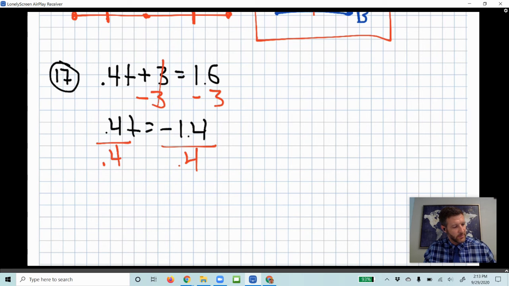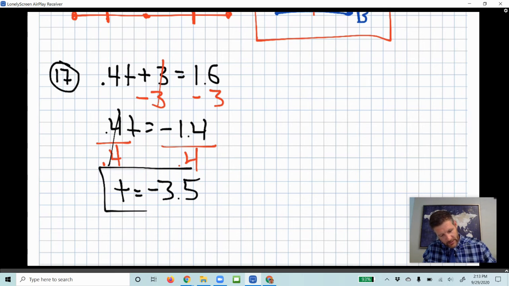I actually haven't solved this one yet. So 1.4 divided by 0.4, we get 3.5. So t equals negative 3.5. Okay, and just checking to see if I did that one right. Yes, looks good. I'm going to go ahead and box that just because it's a good habit.